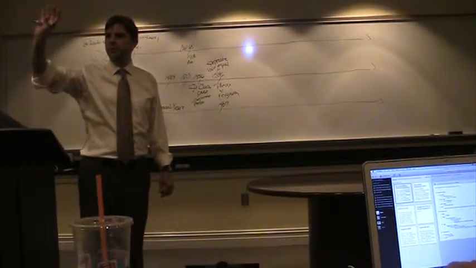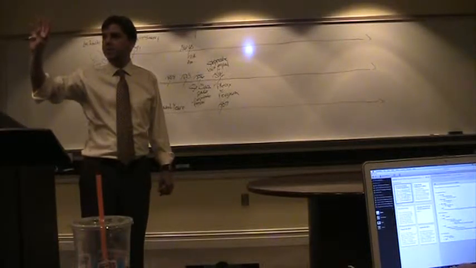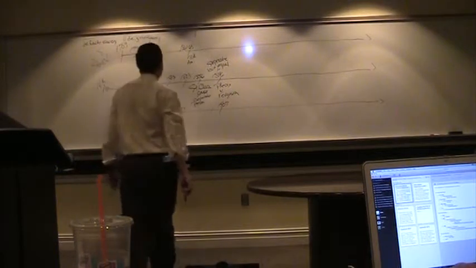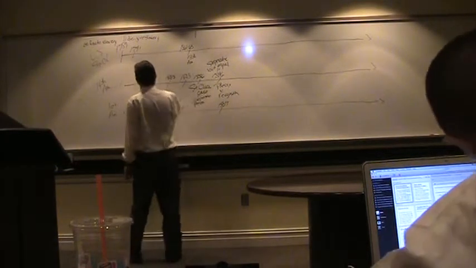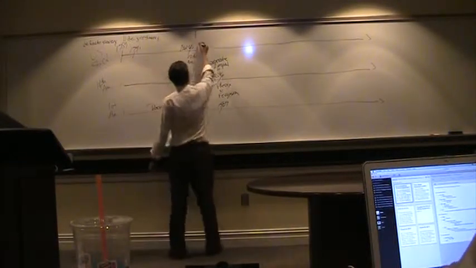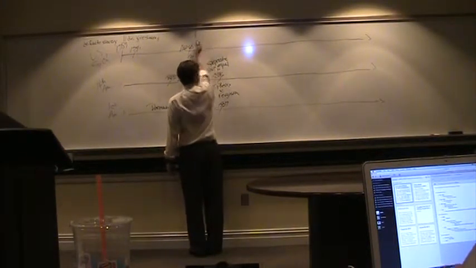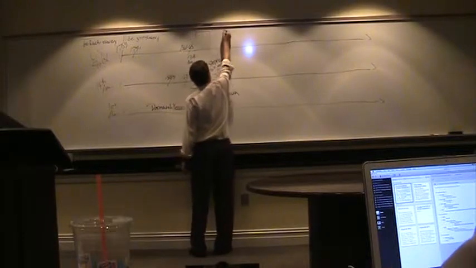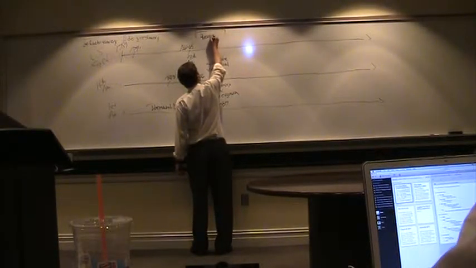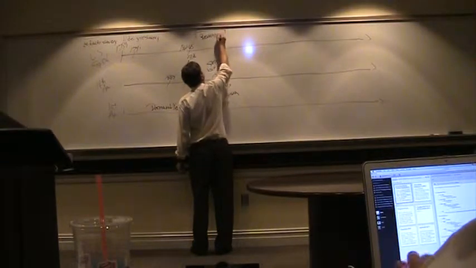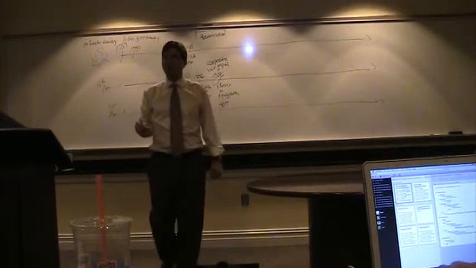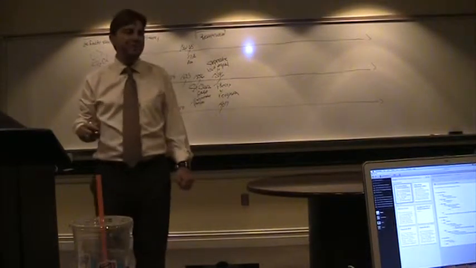The 13th, 14th, and 15th Amendments are known as the Reconstruction Amendments. So we have the de facto slavery era, the de jure slavery era, followed by the Reconstruction era. The Reconstruction era included the Reconstruction Amendments.